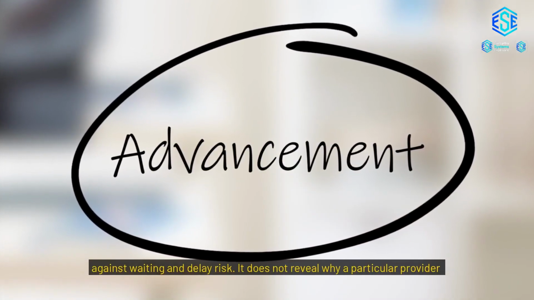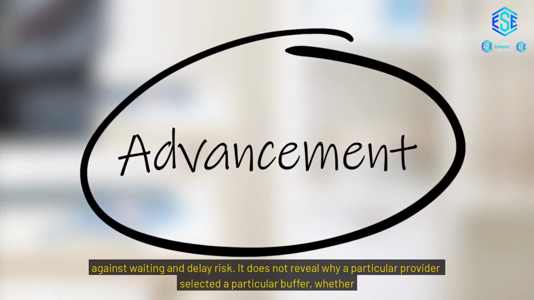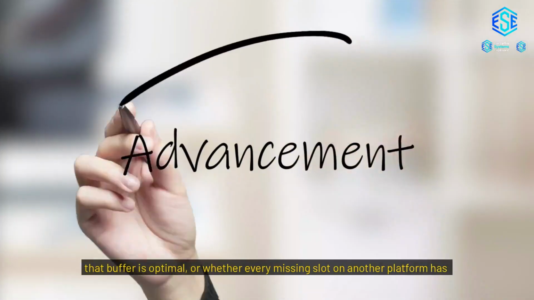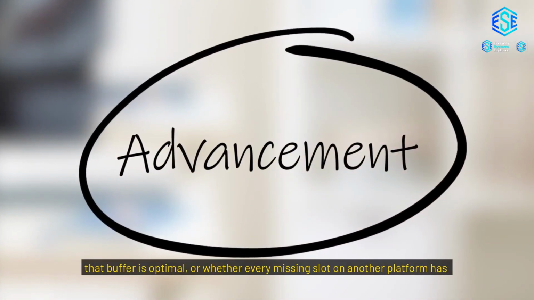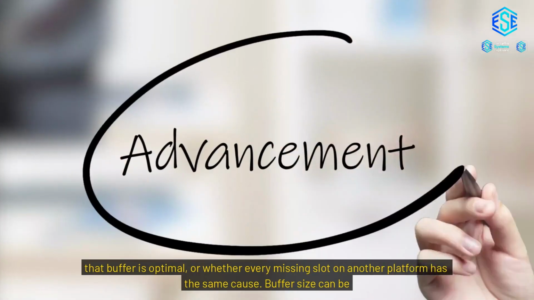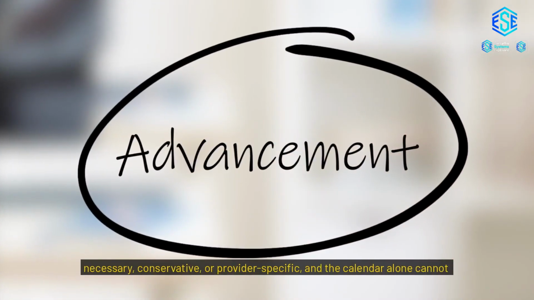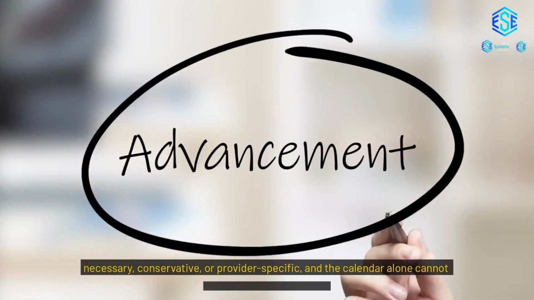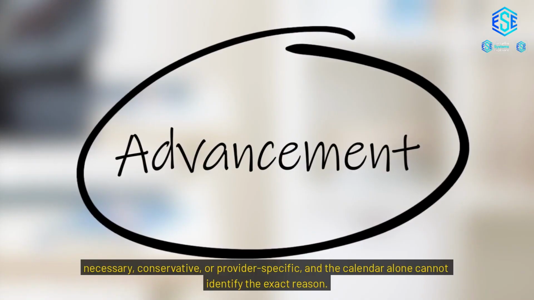It does not reveal why a particular provider selected a particular buffer, whether that buffer is optimal, or whether every missing slot on another platform has the same cause. Buffer size can be necessary, conservative, or provider-specific, and the calendar alone cannot identify the exact reason.